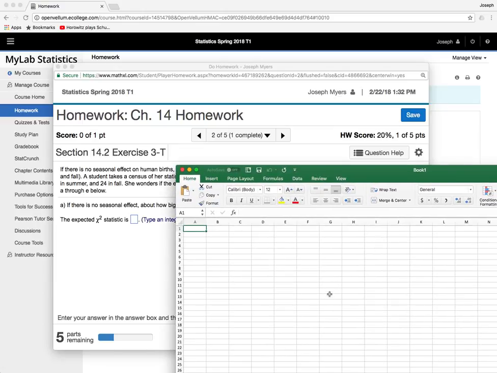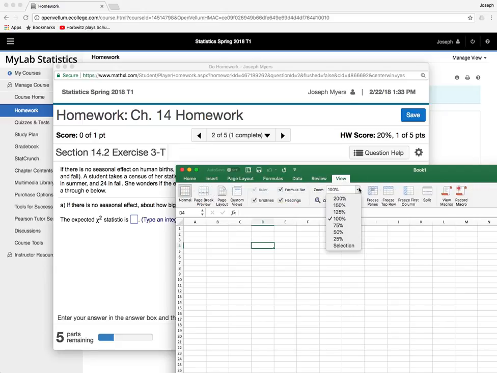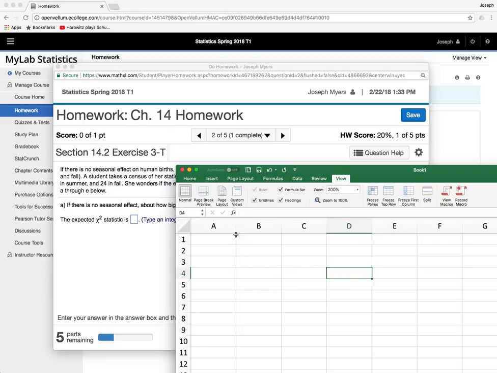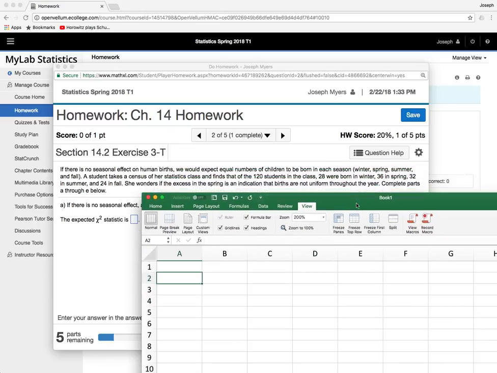So let me open Excel. Okay, so the expected number of children in each season is a quarter of the 120 students. So it'd be 30, 30, 30, 30.